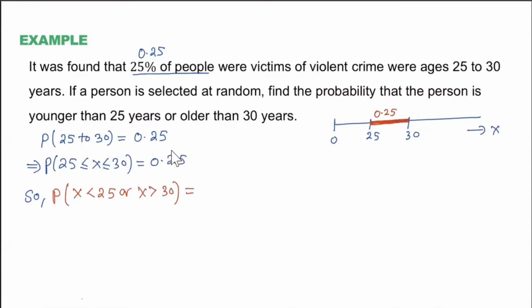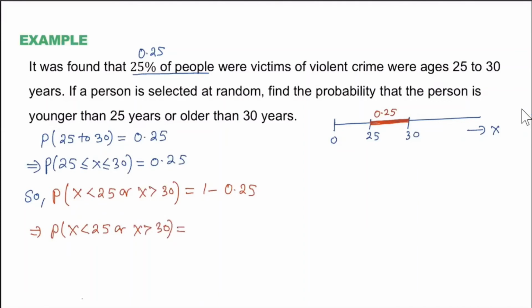Out of 1, I already have 0.25 there. So the remaining probability will be 1 minus 0.25, because the total is 1. So 1 minus this probability will give the probability on this side, these two. So we can write this as the probability that X is less than 25, that is their age is less than 25 or more than 30 years, is equal to 1 minus 0.25.